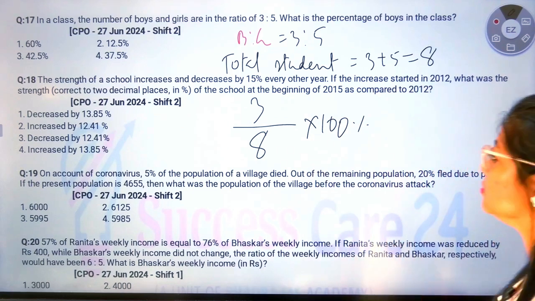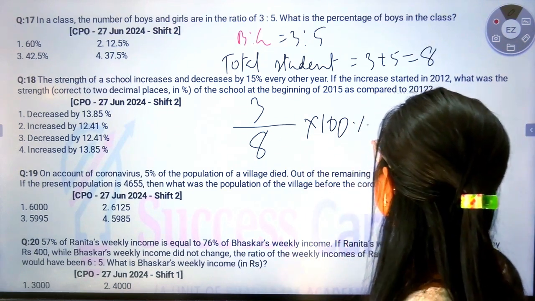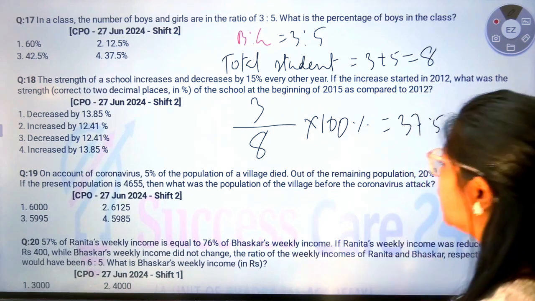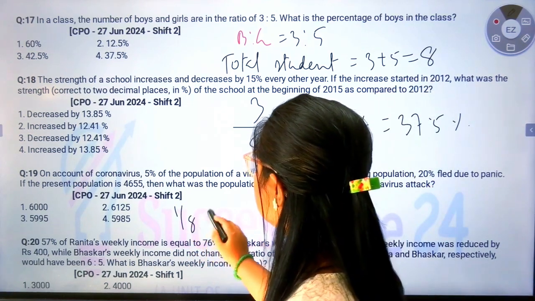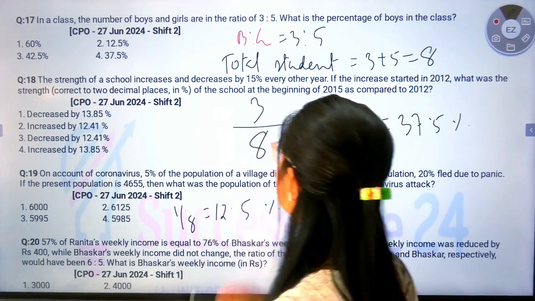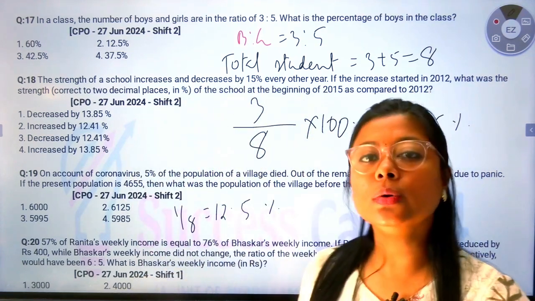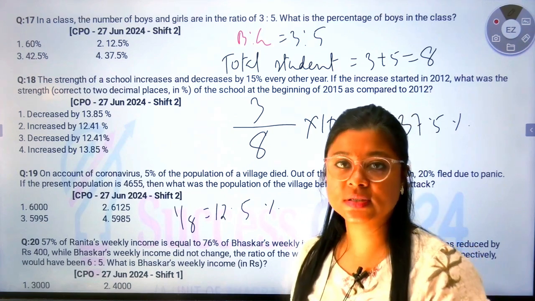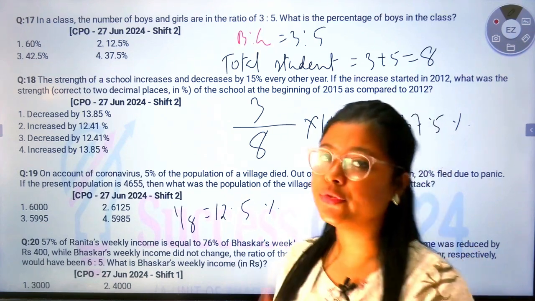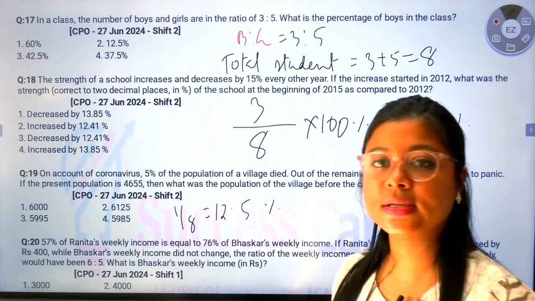This is a very easy question. So 3 by 8 is 37.5% if you calculate, because you know 1 by 8 is equal to 12.5%. I have already told you that the percentage to fraction conversion table is very important if you do percentage questions. Not only percentage questions, this table is helpful for every kind of question where percentages are involved.